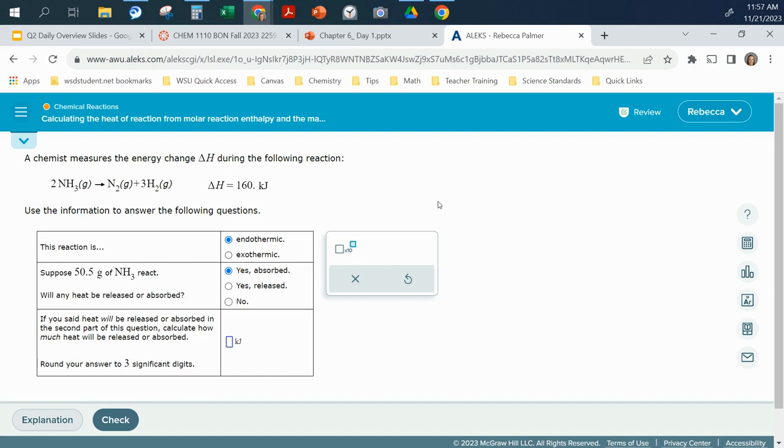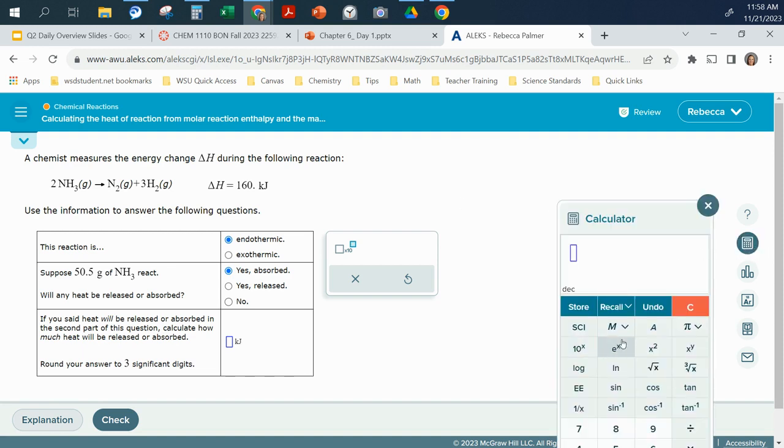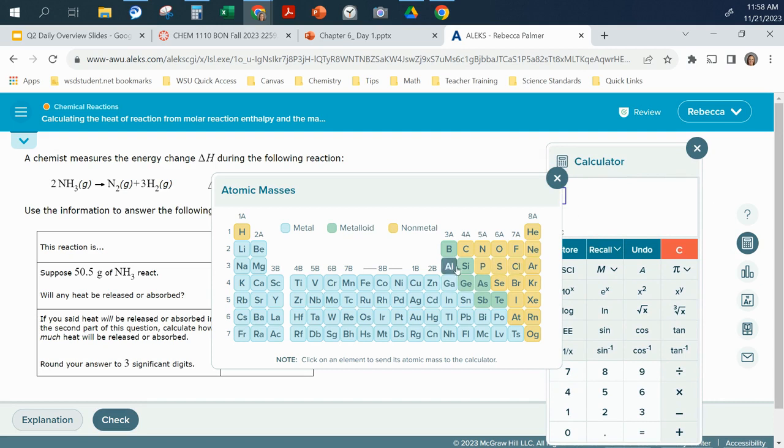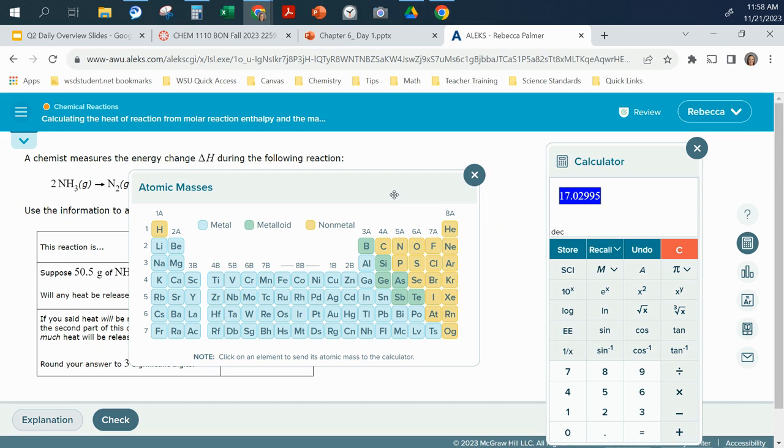So we need the molar mass for 1 mole of ammonia. How many grams is that? Let's do the molar mass on our calculator: nitrogen plus 3 times hydrogen. That gives us 17.02995 grams of ammonia for 1 mole.